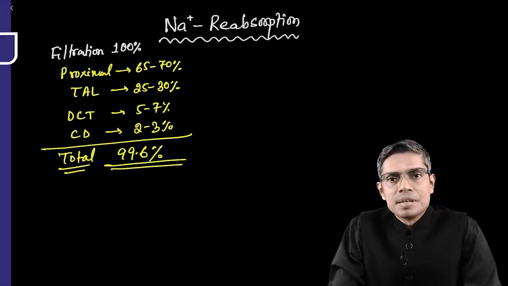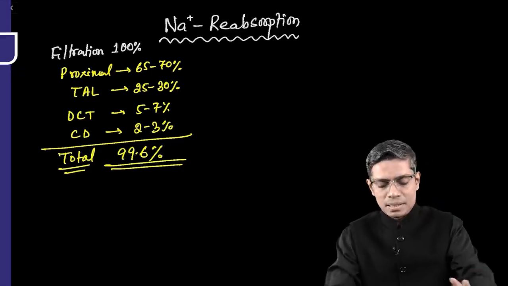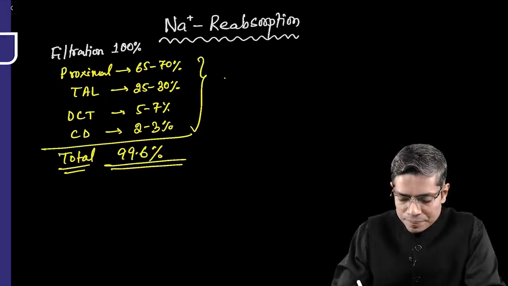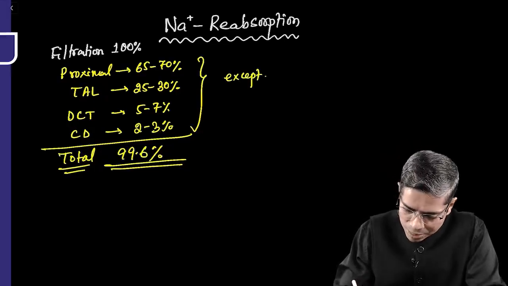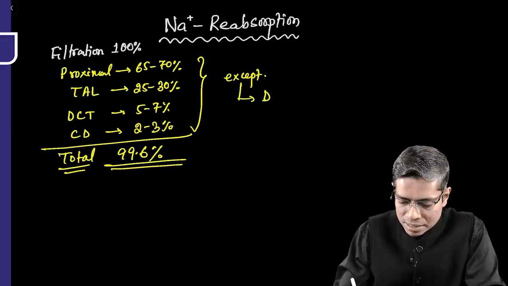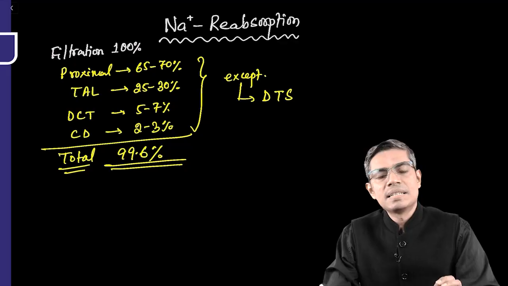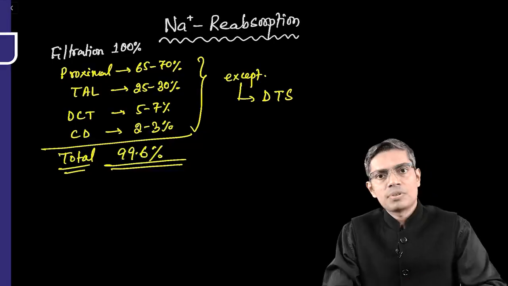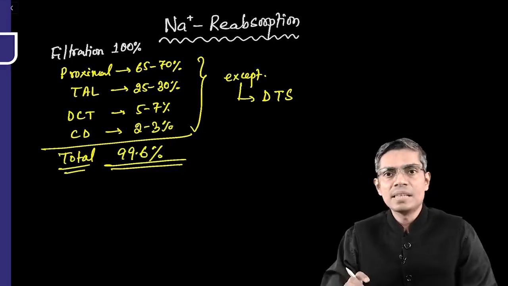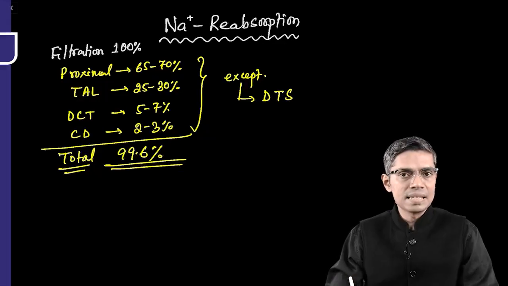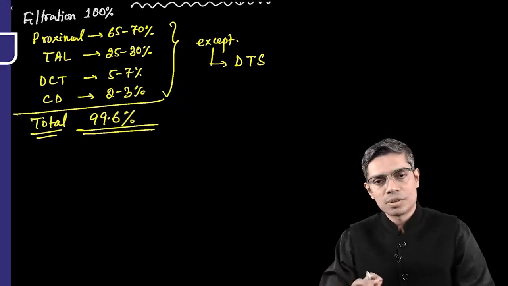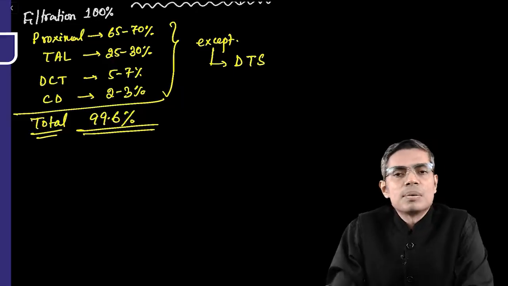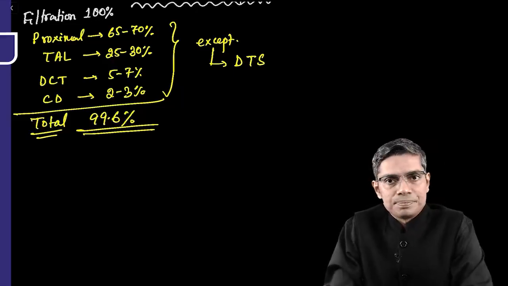Now if you note down here, every part is reabsorbing sodium except the DTS, that is the descending thin segment of the loop of Henle, which is not only for sodium, this is impermeable for any solute. So that's why DTS, descending thin segment of the loop of Henle, is not going to reabsorb sodium. All other parts are reabsorbing sodium.